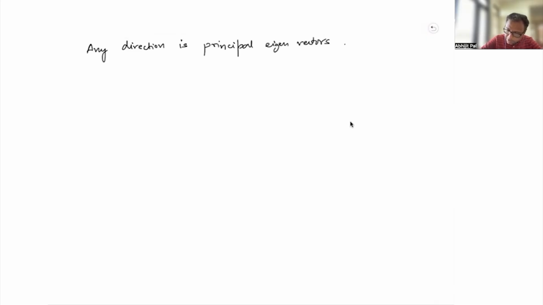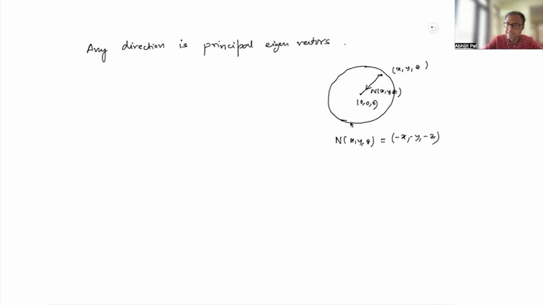So what do I mean by this? If I take this sphere and let us take this point (x, y, z), this is my N(x, y, z), with origin at the center. So N(x, y, z) is equal to (-x, -y, -z).